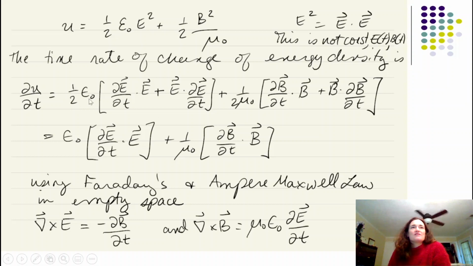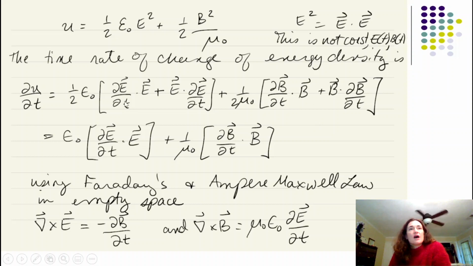I end up with 1/2 times epsilon naught, and here I have E dot E. If I take the partial with respect to time of that, it would look like this: partial E with respect to t dotted with E plus E dotted with partial E with respect to t. And then I would do the similar thing for the dot products with the magnetic field, for the B squared over here.